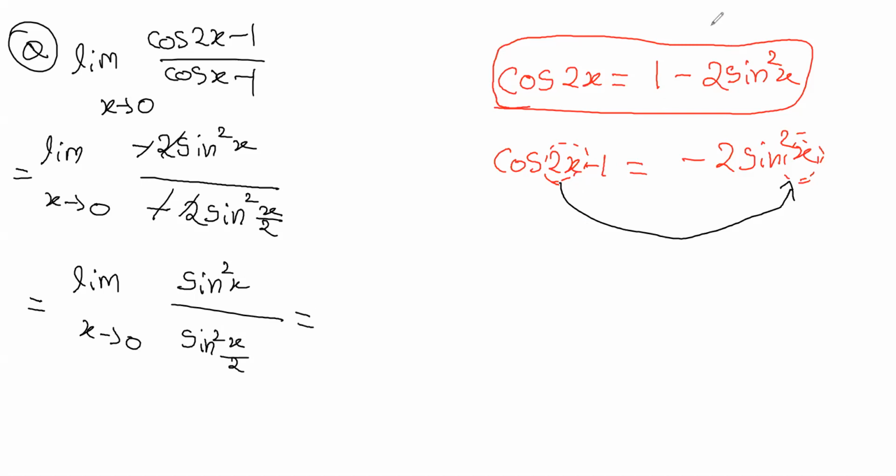So now here what we will do is the same thing. Here in the angle we have x square, so I am dividing with x square and multiplying with x square.